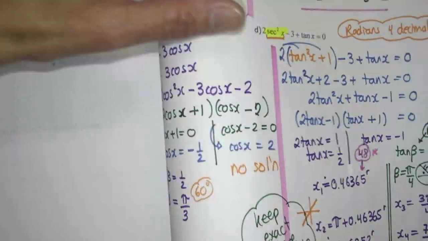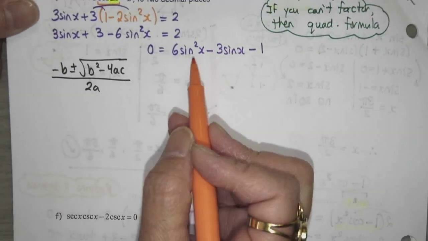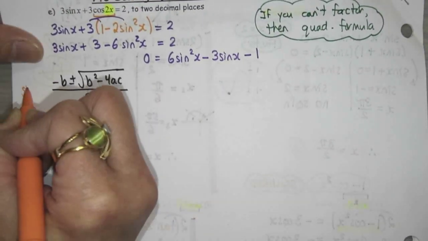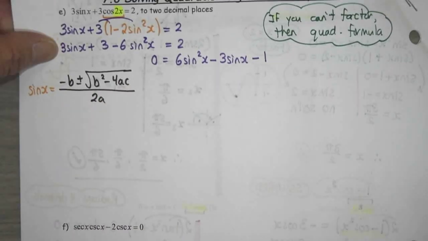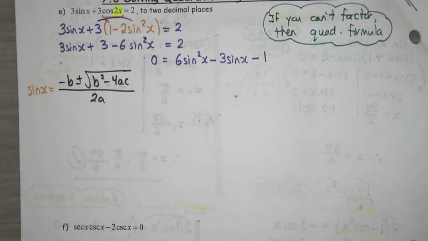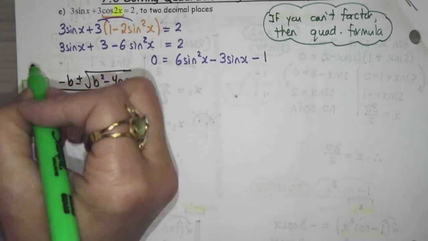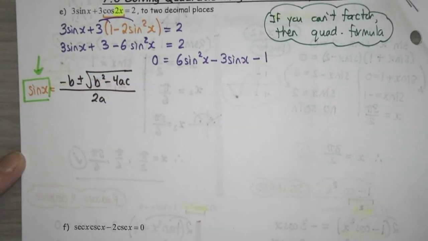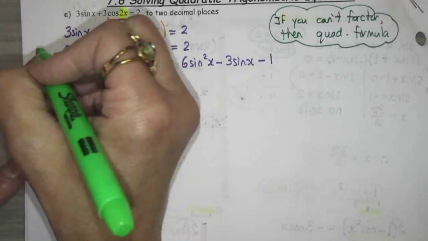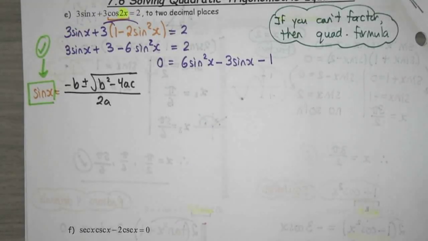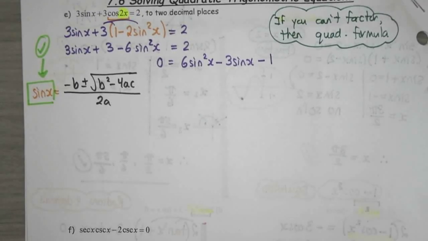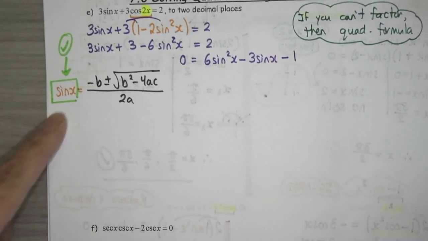We're solving for cos x. Here, we're not solving for x. We're solving for sine x equals. So please, please, please, no one lose any marks here. It's not jumping to x, it's sine x. So here, I'm going to get sine x. You have to show that. It can't be blank. It always had to have something there anyway because it's a formula, but also it's sine x, not x.